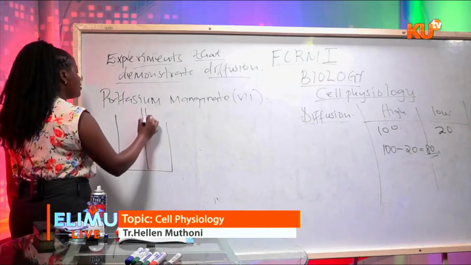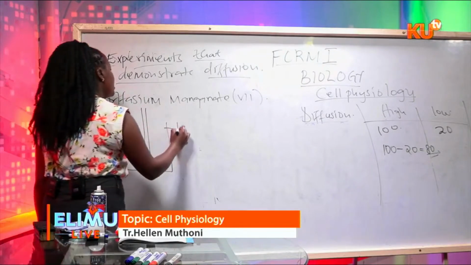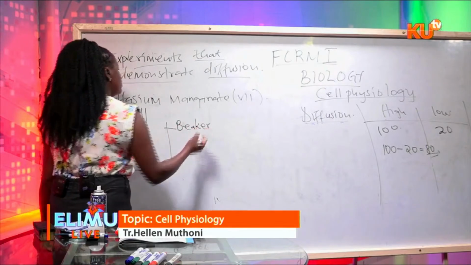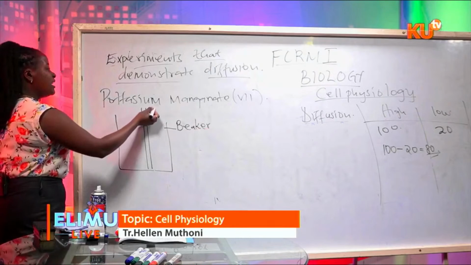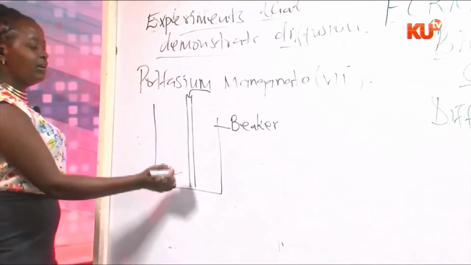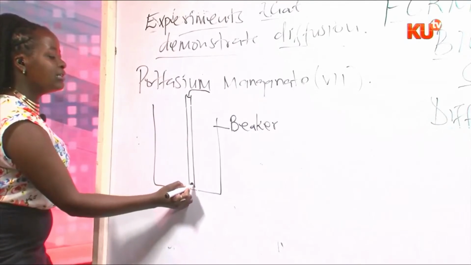This is a glass rod. This is a beaker, an empty beaker. So a crystal of potassium manganate 7 will be put inside the glass rod until it falls to the lower region. So this is the crystal.